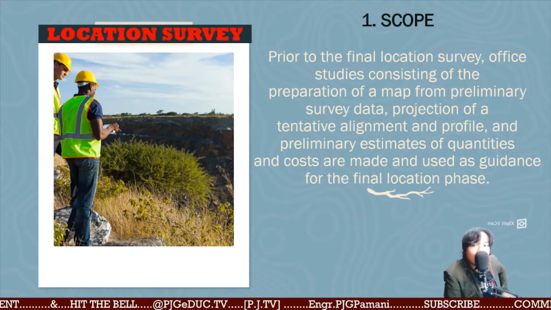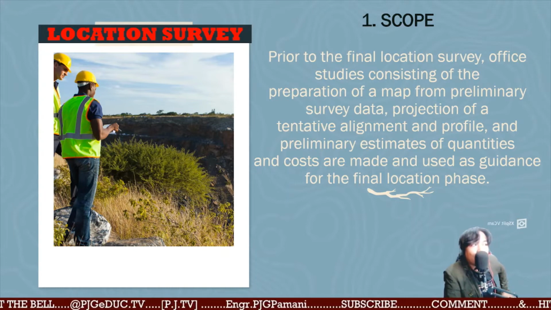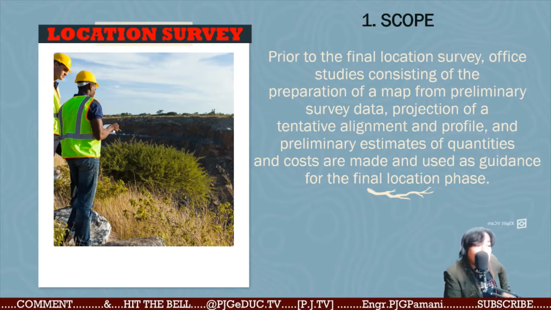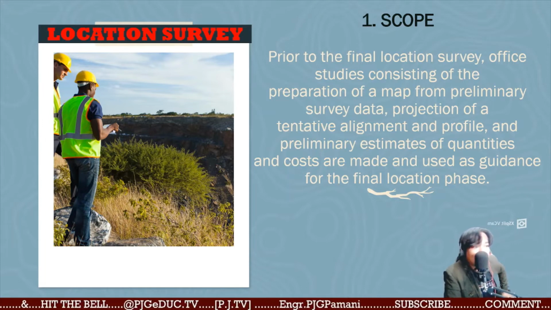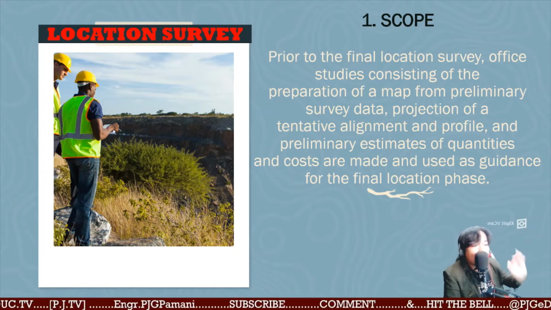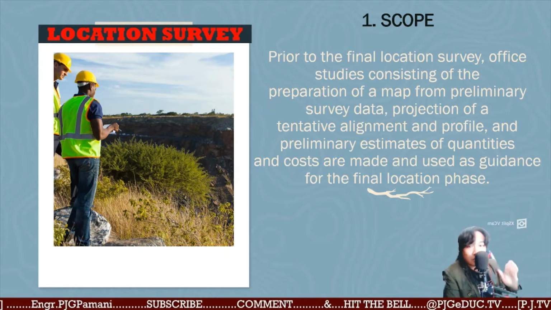With this particular location survey, prior to the final location survey, office studies consist of the preparation of a map from preliminary survey data. So, ipa-plot na rin natin siya ngayon doon sa mismong on-hand map natin. So, ibig sabihin, ito yung map before the roadway construction.